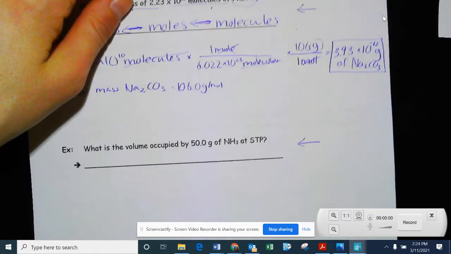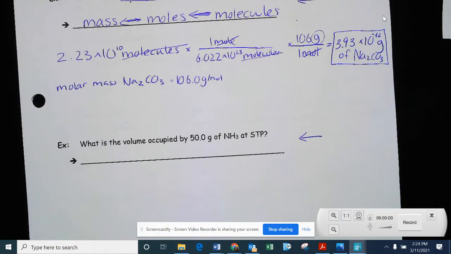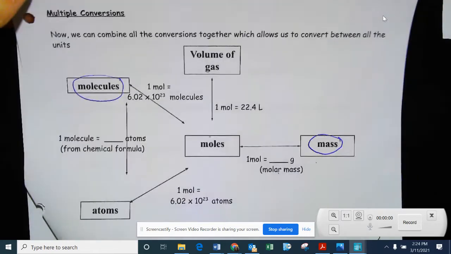All right, next one, or I'll give you guys a second. Okay, this one is, what is the volume occupied by 50 grams of ammonia at STP, standard temperature and pressure?